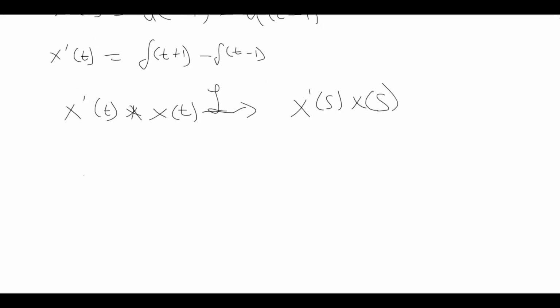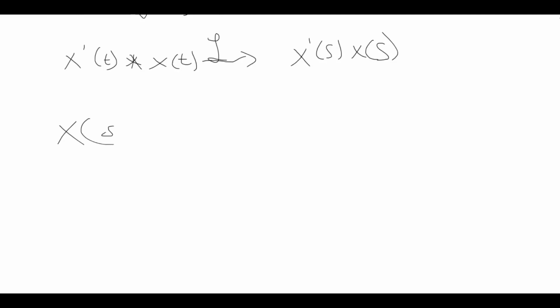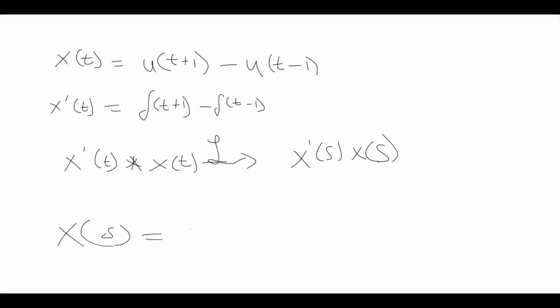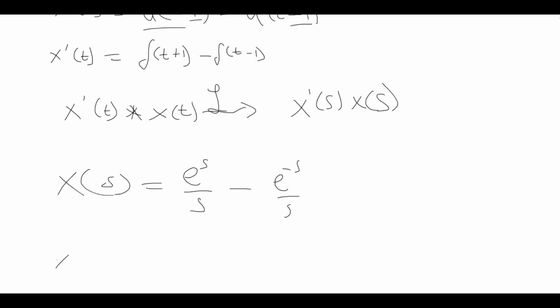So we rewrite these equations with x of s equal to e to the s over s, because our 1 for the delay is multiplied and we have a positive, and we put an s underneath for our step, minus e to the minus s over s. And then our x prime of s: since the Laplace transform of the Dirac delta is equal to 1, we just write e to the s minus e to the minus s.